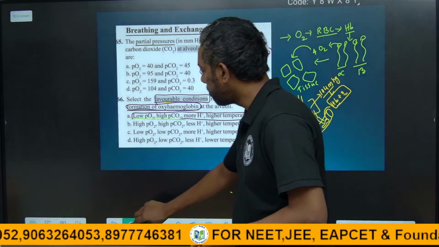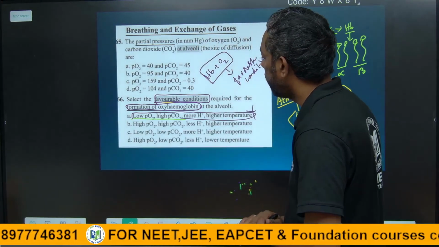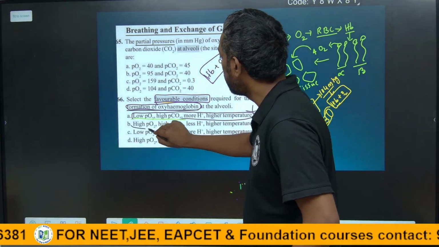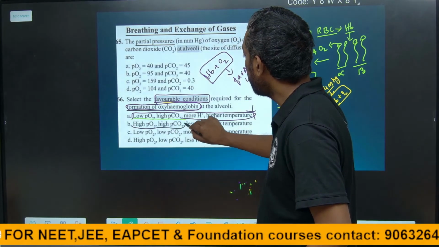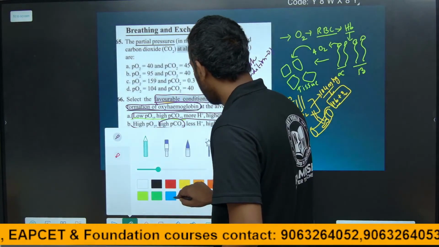So high partial pressure in the lungs must be there, guys, for the bonding of hemoglobin with oxygen, high partial pressure of oxygen, but CO2 is low in the lungs.